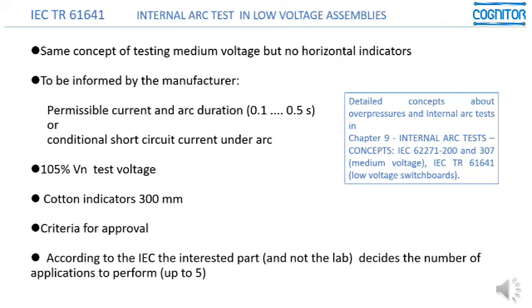And in the case of low voltage assemblies, the basic test is the same, but in this case we don't install around the switchgear some horizontal deflectors included, in which some cotton indicators are installed to simulate the skin of a person, who could be in the neighborhood of the switchgear.